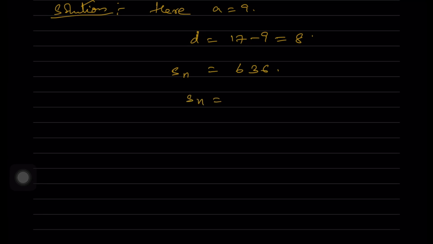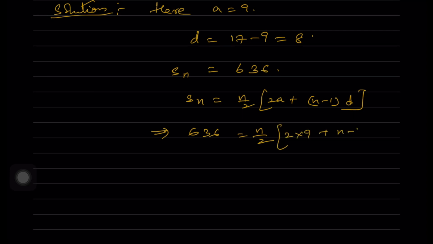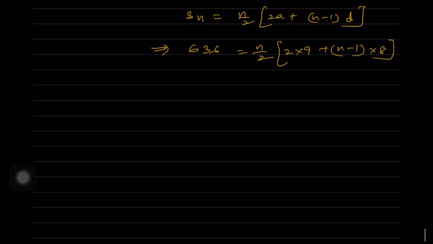We know that Sn is equal to n by 2 into 2a plus n minus 1 into d. 636 is equal to n by 2 into 2 into 9 plus n minus 1 into 8. So which is equal to n by 2 into 18 plus 8 into n minus 1.